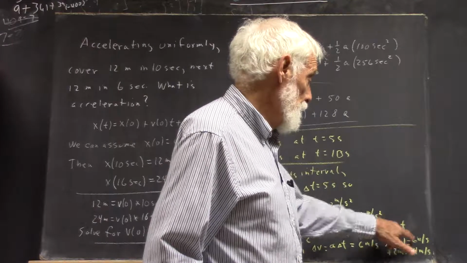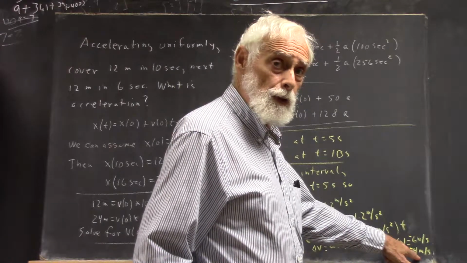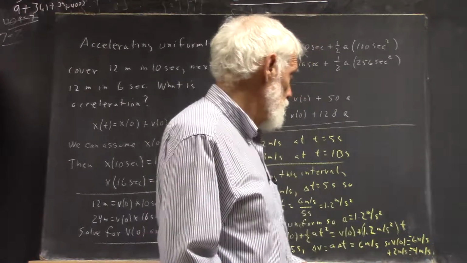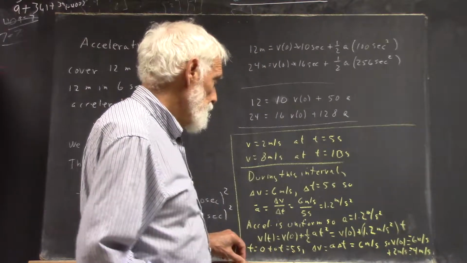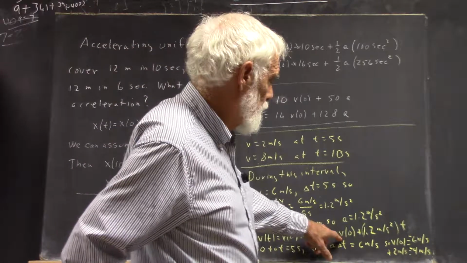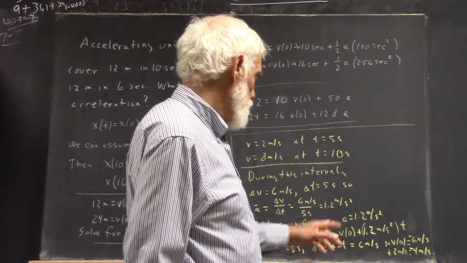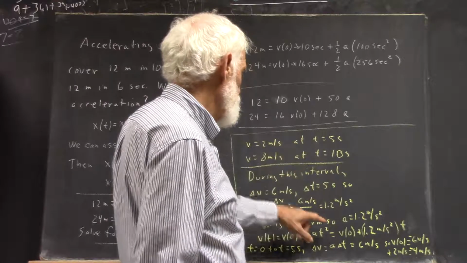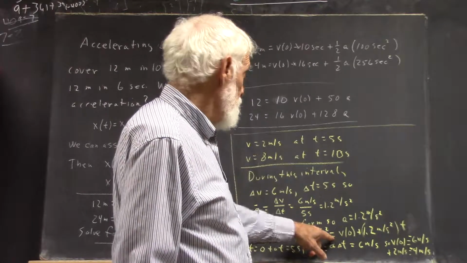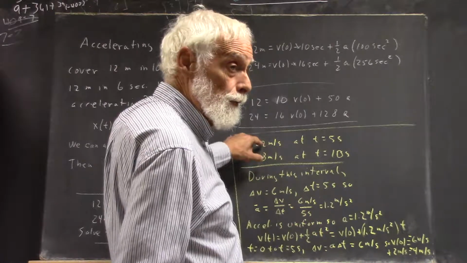We could write it out more formally, but we don't really need to, it should be pretty obvious. And of course, everything can be checked, because now we know that v of 0 would be -4 meters per second, and you can then plug in 5 seconds and 10 seconds into the resulting equation and see that you do get these velocities.